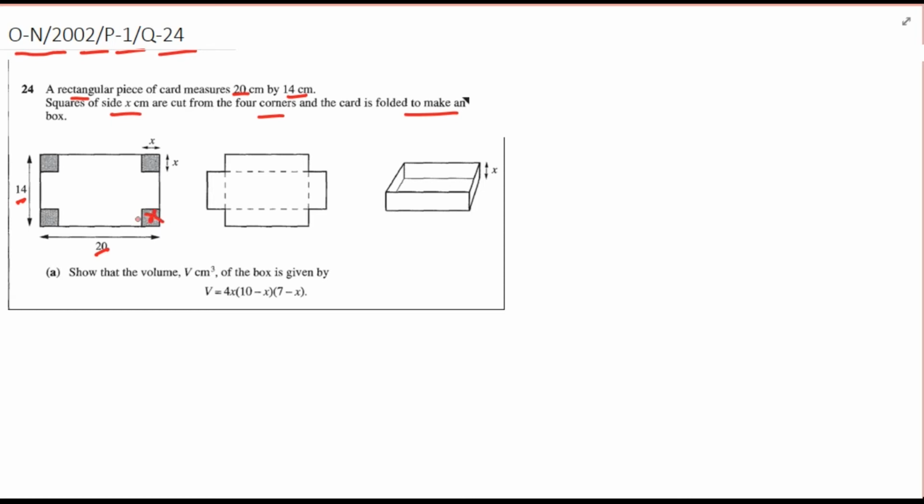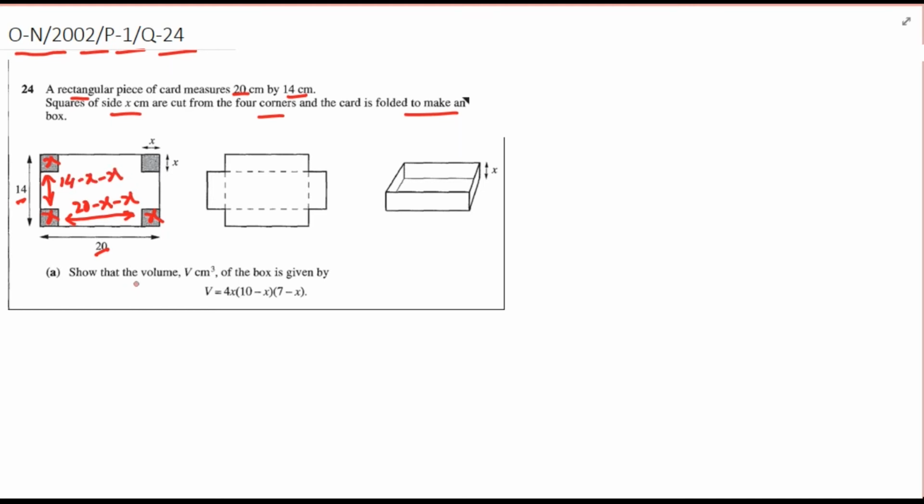This is x and this square is also x. So the remaining length of the box will be 20 minus x minus x. This box on the top left is also x. So the remaining width will be 14 minus x minus x.